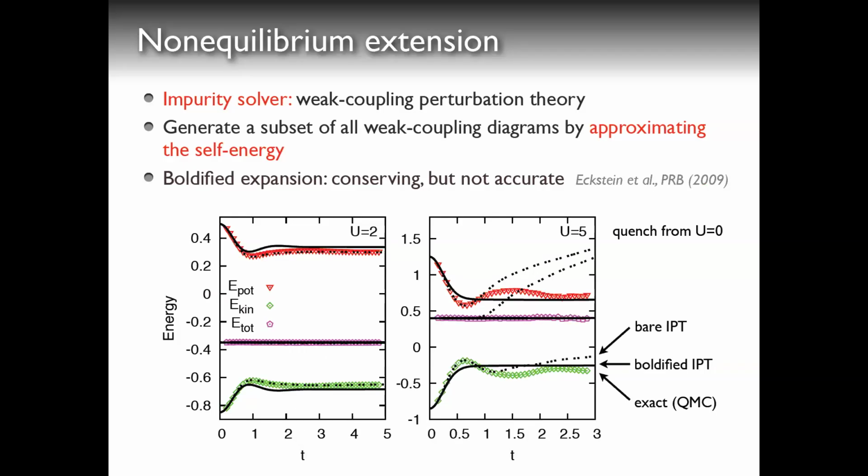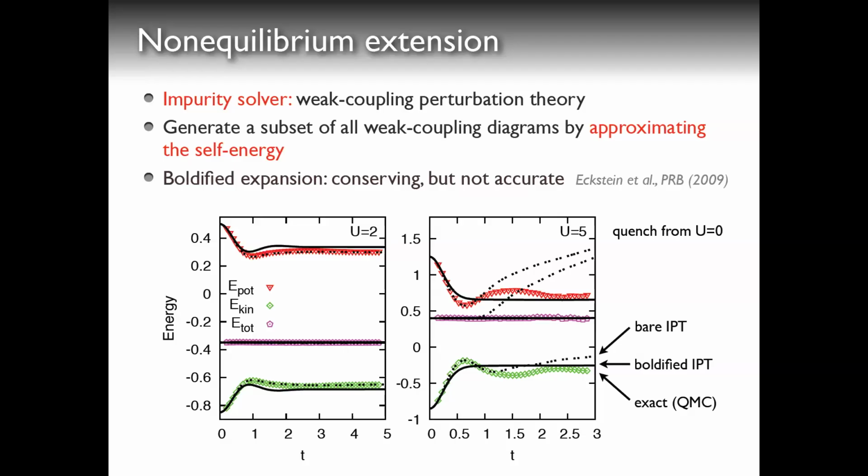Here we compare this bare and bold IPT, iterated perturbation theory approximation, to the numerically exact Monte Carlo results. So the colored dots are the Monte Carlo data. The full lines are the boldified second-order perturbation theory data, and the dotted lines are the bare second-order perturbation theory data.